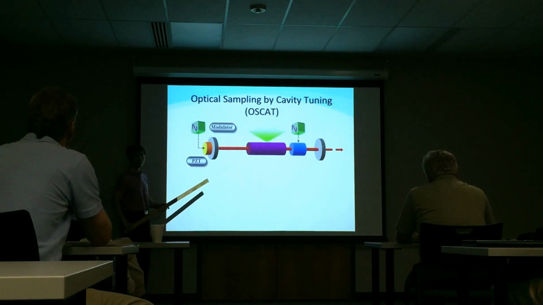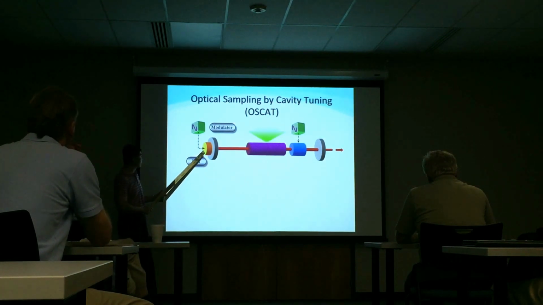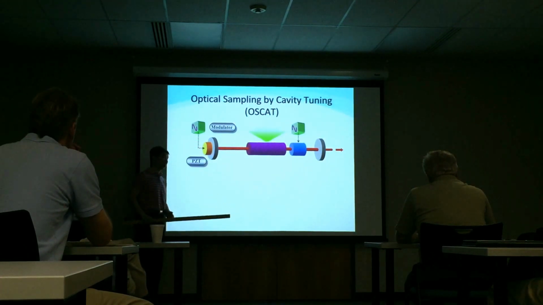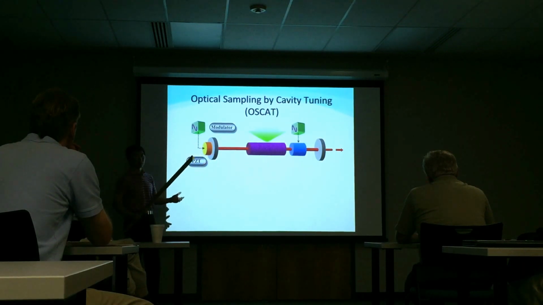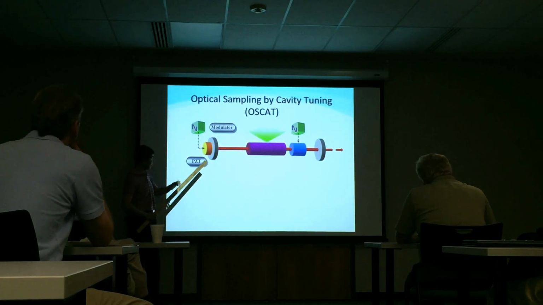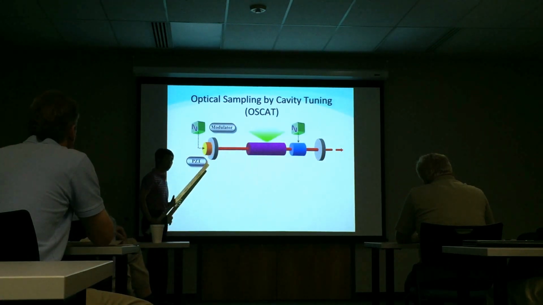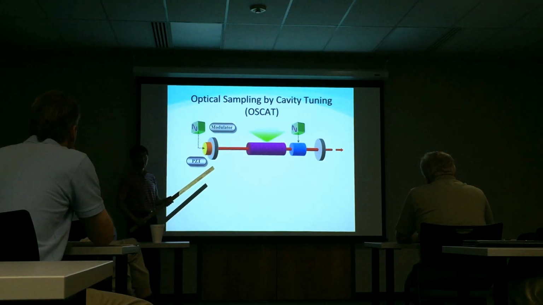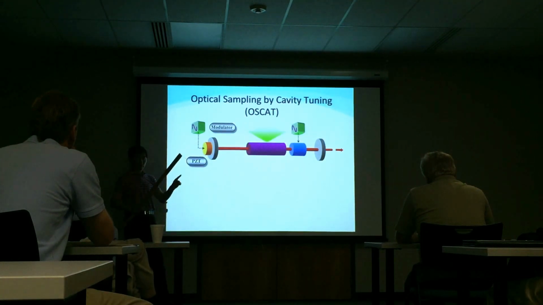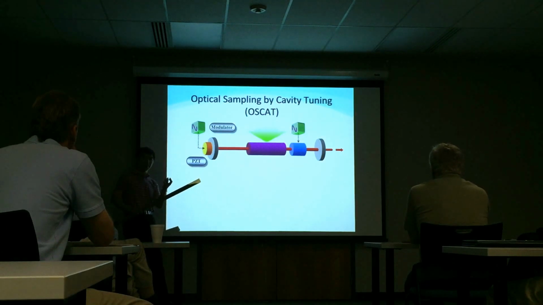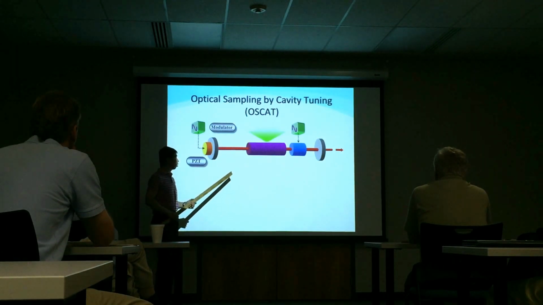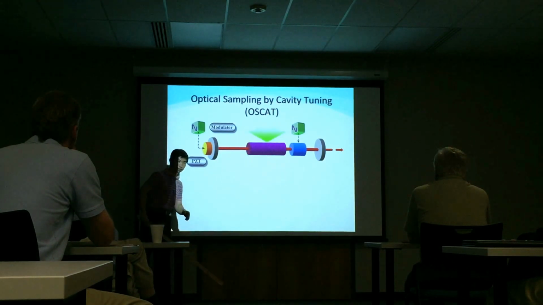The modulation frequency can range from tens of hertz to kilohertz, up to basically the bandwidth of this PZT setup. When you modulate this, you change the cavity length. When you change the cavity length, you change the pulsing rate, because the pulsing rate depends on the cavity length. So you're changing the repetition rate of the pulses coming out of the laser.